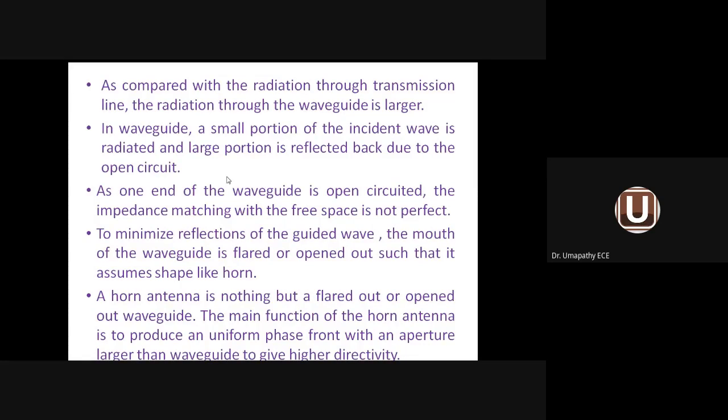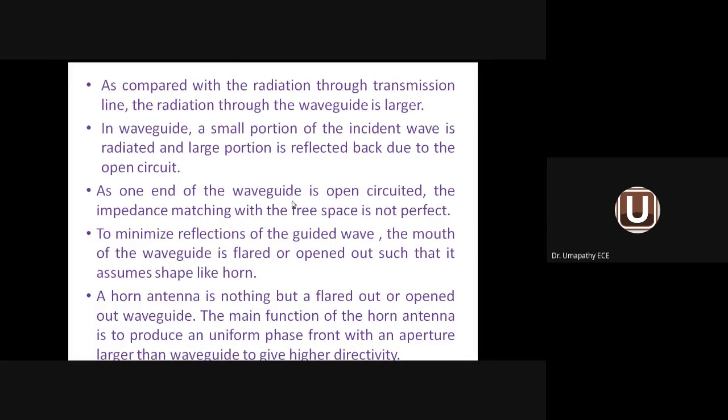Why? Because the right hand side mouth does not have compatibility with the free space. The mouth has a constraint. The mouth is very small in size. So we have to flare the mouth. We have to taper the mouth into a larger opening so that when I feed the signal into the waveguide, that signal will be radiated more into the free space rather than reflections coming back.